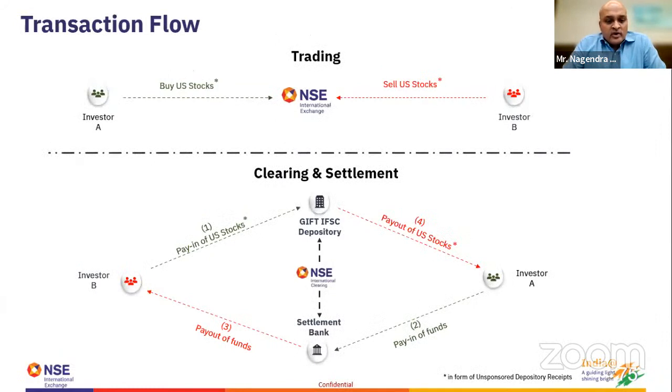And this is again a pictorial representation. And here the best part is that the clients don't need to have a dollar account in Gift City. So what it means is, for example, if Lalitji is a member of NSE IFSC, Lalitji will open a dollar account with one of the banks, ICICI, HDFC, or Axis.